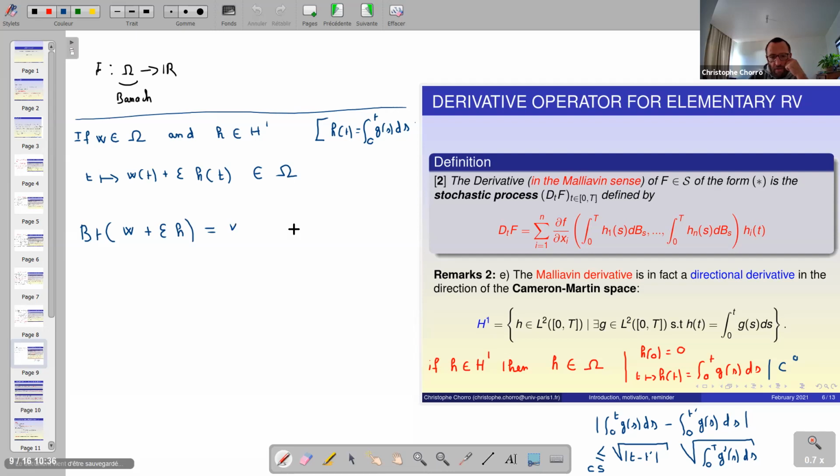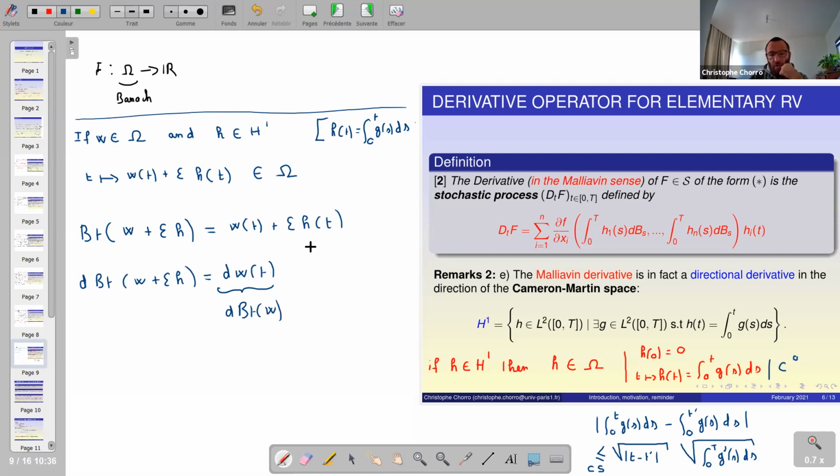So if I write d of B_t of w plus epsilon h, that is the Ito differential here, I obtain d of w(t), that is in fact d of B_t of w, plus epsilon d of h.